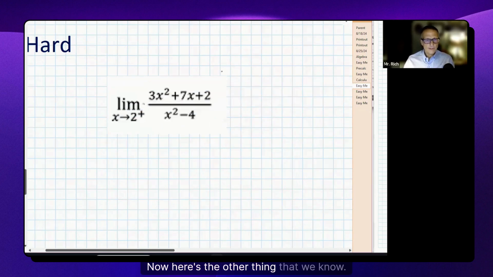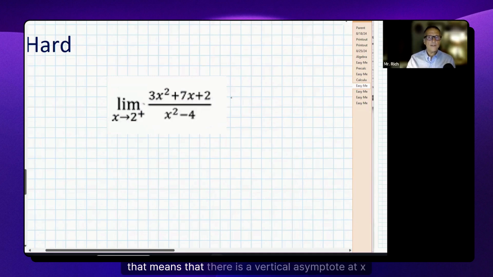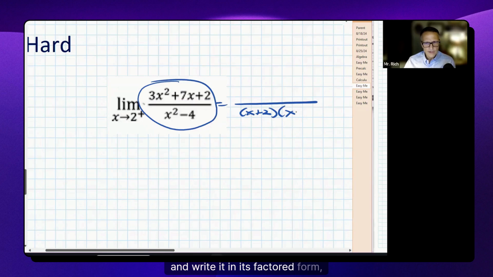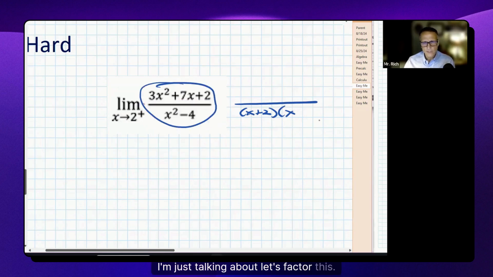Now, here's the other thing that we know. If I got a 28 on the top and a 0 on the bottom, that means that there is a vertical asymptote at x equals 2, right? Now, how would I know that? Well, if I were to take this function and write it in its factored form, I'm not going to say it's equal to, I'm just talking about, let's factor this.